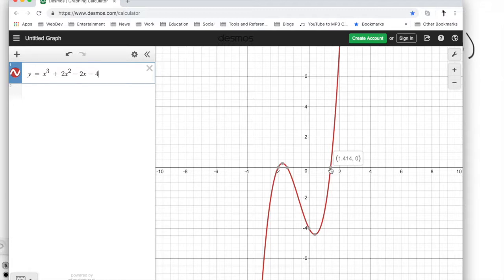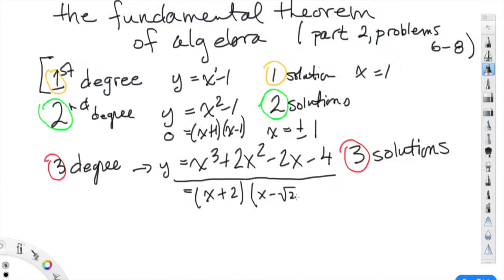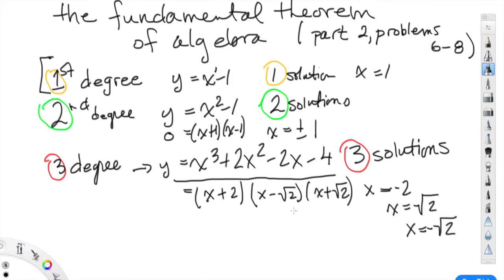I happen to know that 1.414 is root 2. If you factor this, you get x plus 2 and x squared minus 2, so the three solutions are x equals negative 2, x equals root 2, and x equals negative root 2.